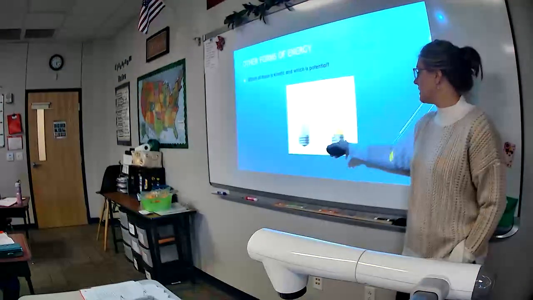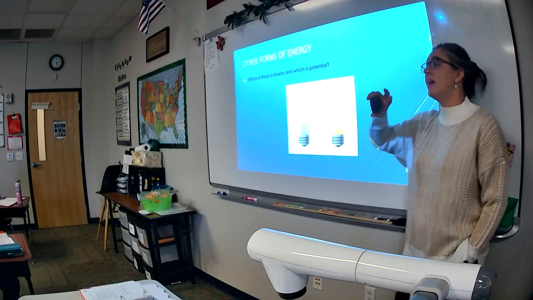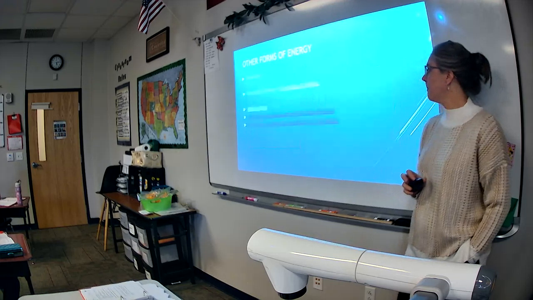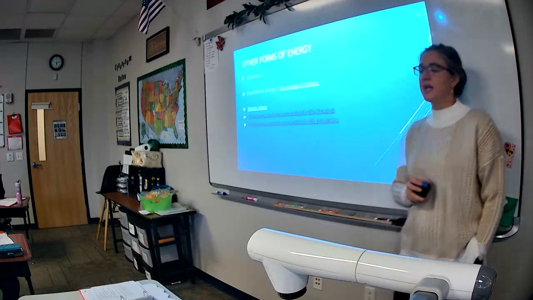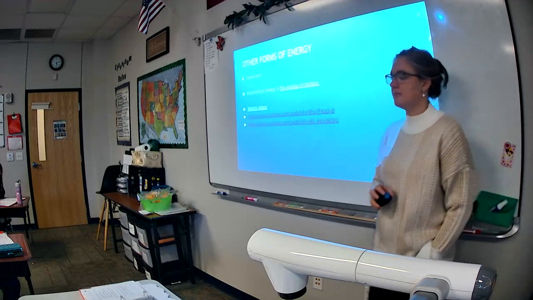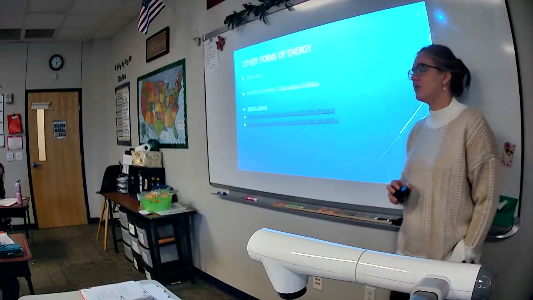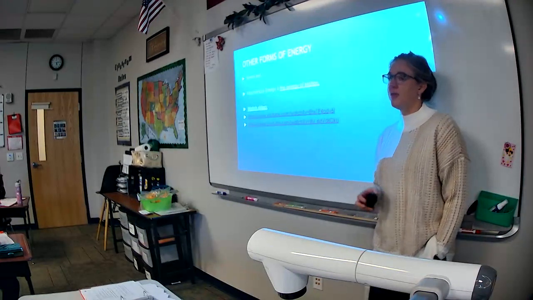Yes, it is light energy, but it's also the kinetic part of the mechanical energy. You can have more than one type at a time. Good question. Okay? All right, so simply put, mechanical energy is the energy of motion. We probably should say the energy of action because they're not always moving, but either way, I think you get the idea.